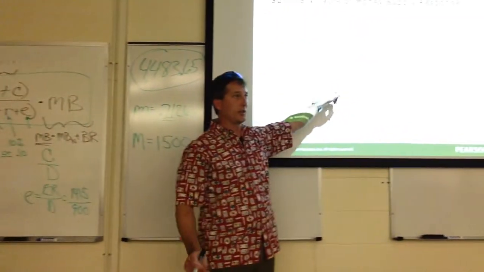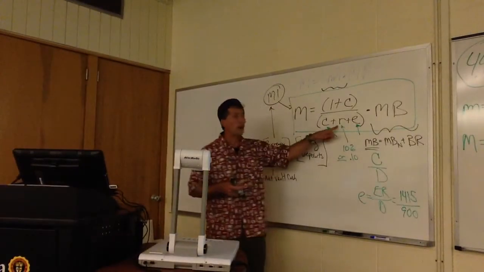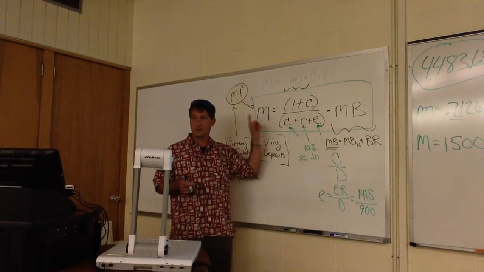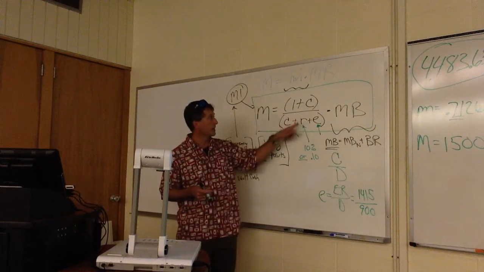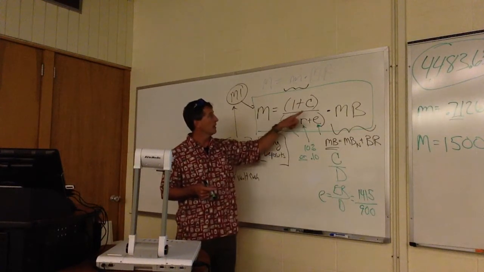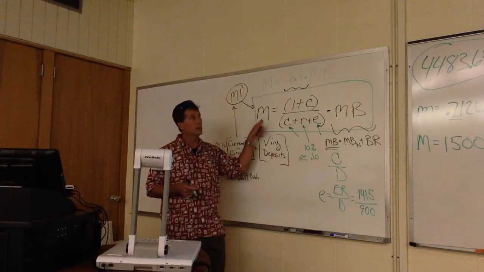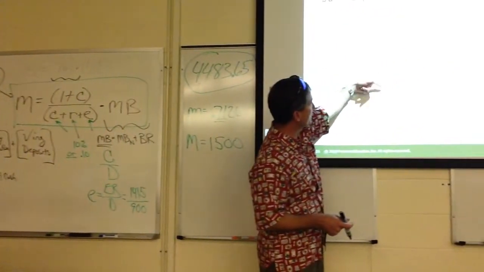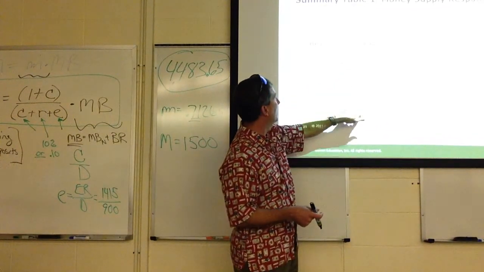The required reserve ratio then plays into that. If R goes up, money supply goes down, right? The denominator's getting bigger, everything else held constant, and that's going to make the money supply go down. Okay, and then that plays into just this borrowed reserves; an increase in that makes this go down.